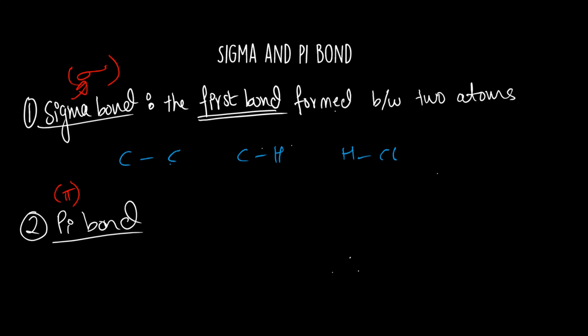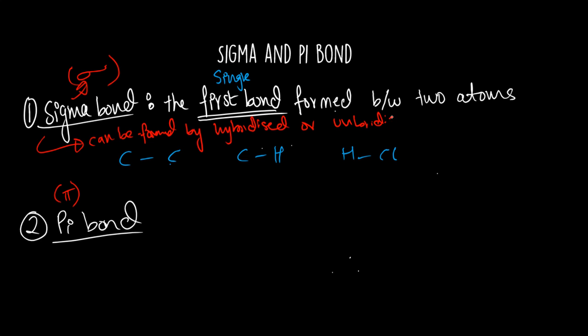So wherever, in other words, you see a single bond, know that it's a sigma bond. Now, touching a little bit on hybridization, which I will be discussing in a separate video, sigma bonds can be formed by hybridized or unhybridized orbitals.